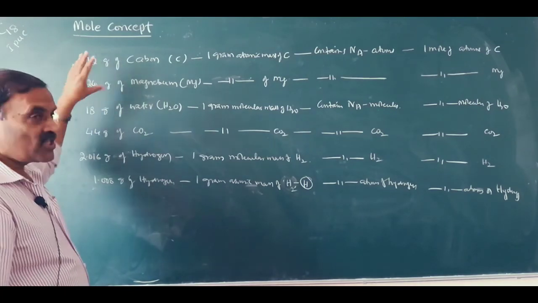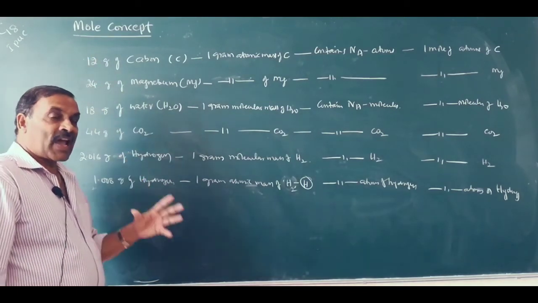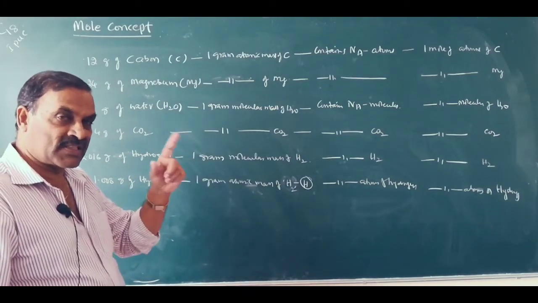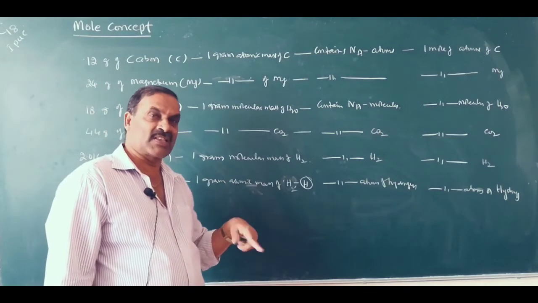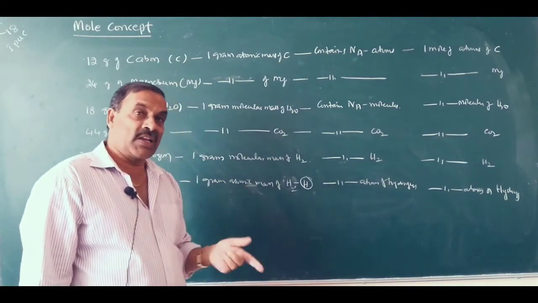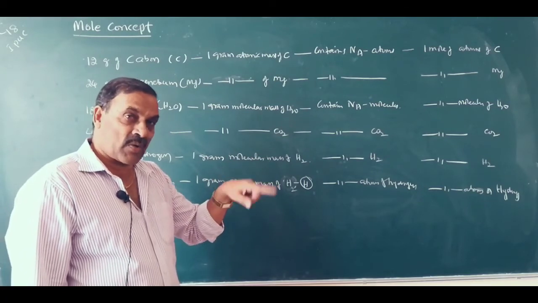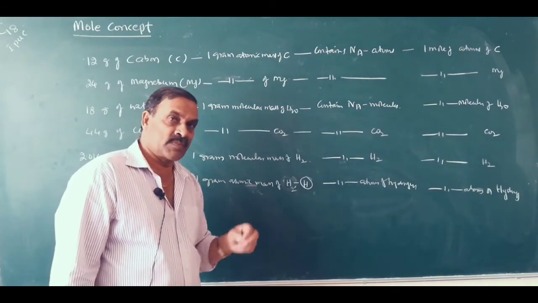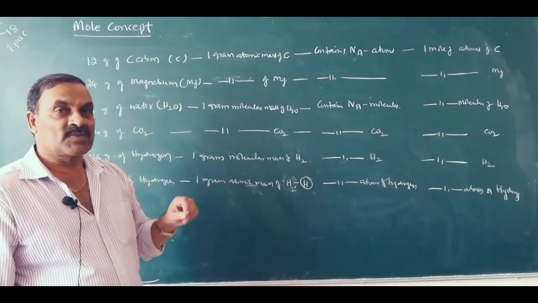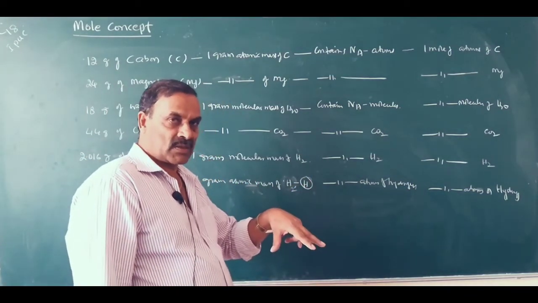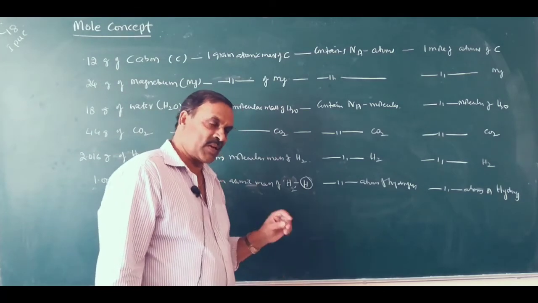So in general, atomic mass of any element expressed in grams is known as gram atomic mass. 1 gram atomic mass of any element contains Avogadro number of atoms, and that amount of substance is called 1 mole of atoms of that element.